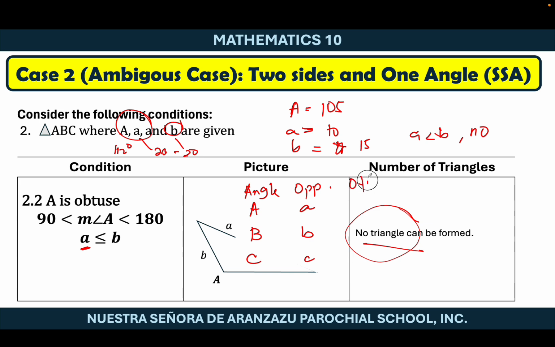Now, sa other side naman, syempre, iba-iba yung possibilities dyan. Depends on the given. Okay? So, dito sa una, if your angle A is given, the opposite is side A. So, the other side, pwede yung given is B or kaya C. Now, if the opposite side is B, the other side or the other given is A or C. And when the given is the opposite side C, the other side is A or B. Okay?